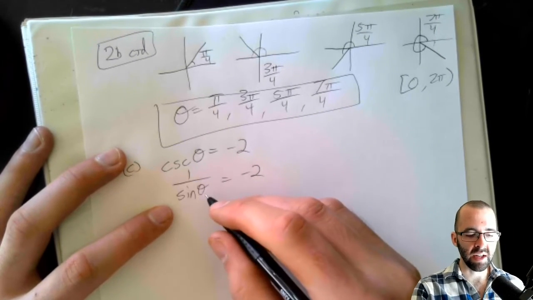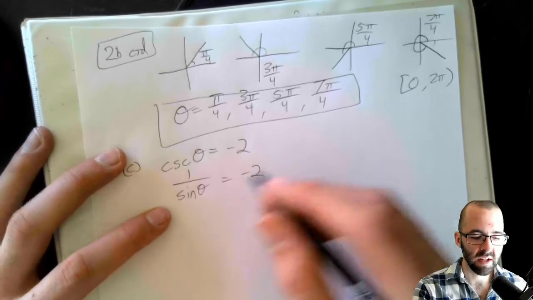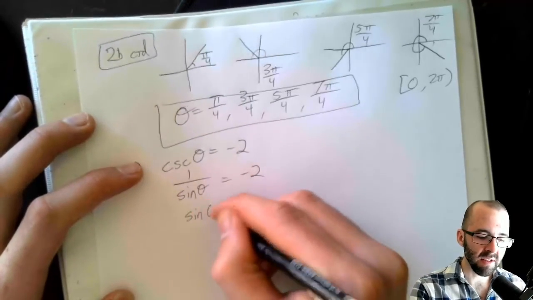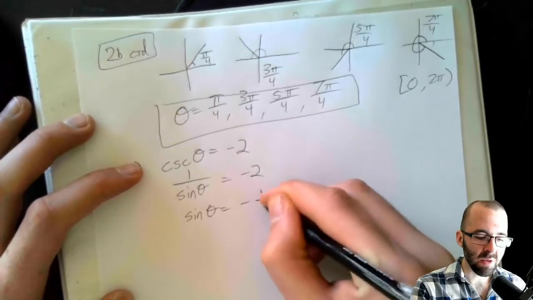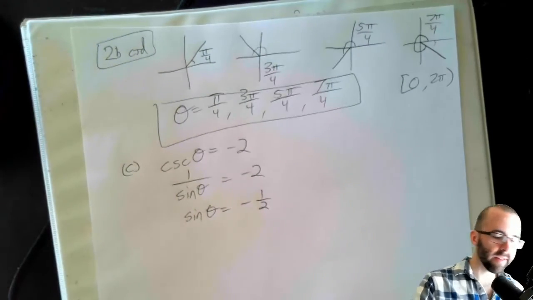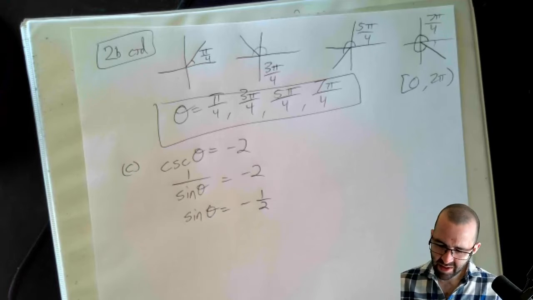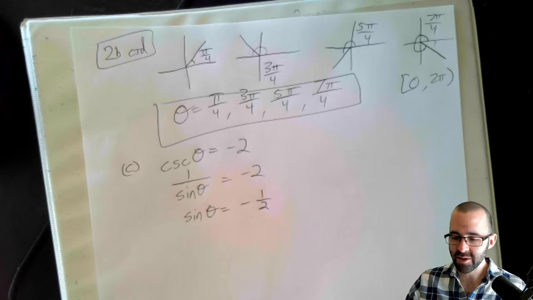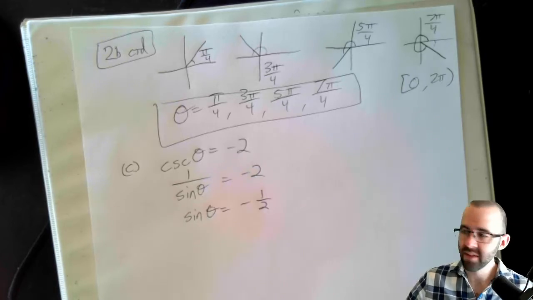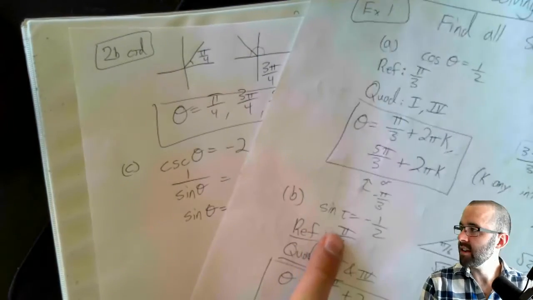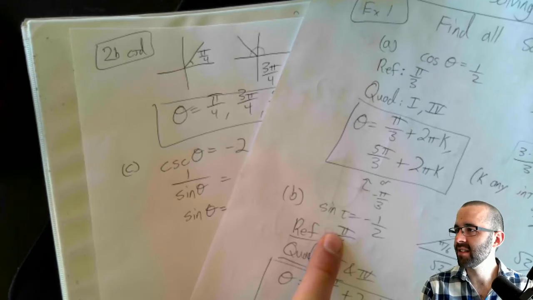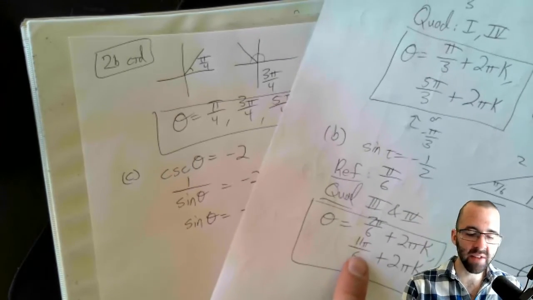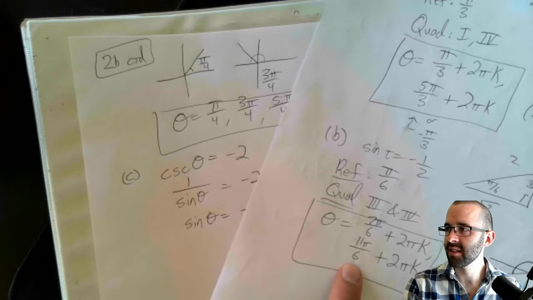And now, again, we need to solve for sine of theta. So we just take the reciprocal of both sides to get that sine of theta equals negative 1/2. And I think, have we literally already solved this problem? Yeah, this was literally the first 1B actually. So we already solved this. We got 7 pi over 6 and 11 pi over 6.